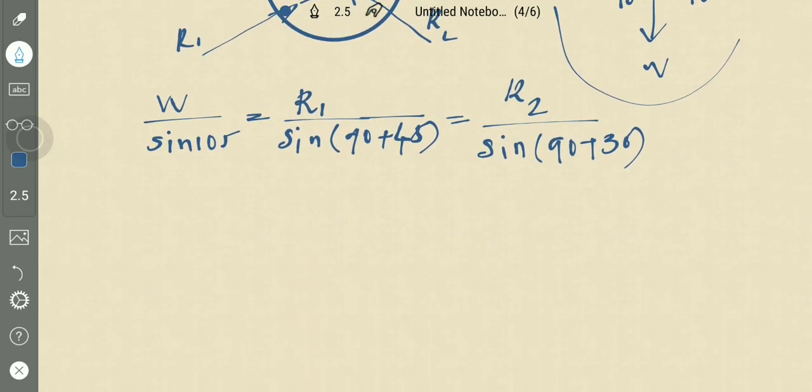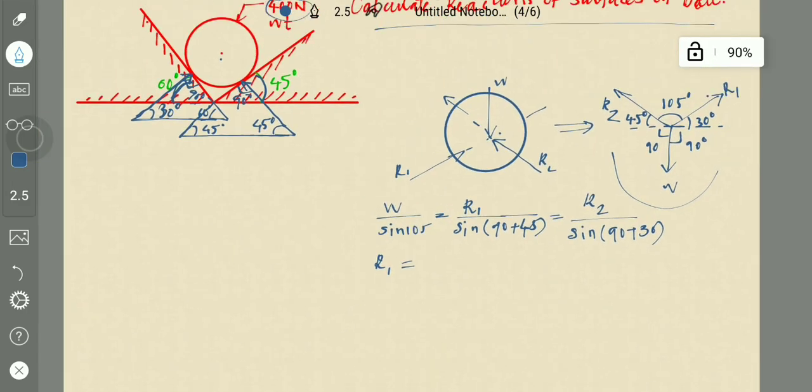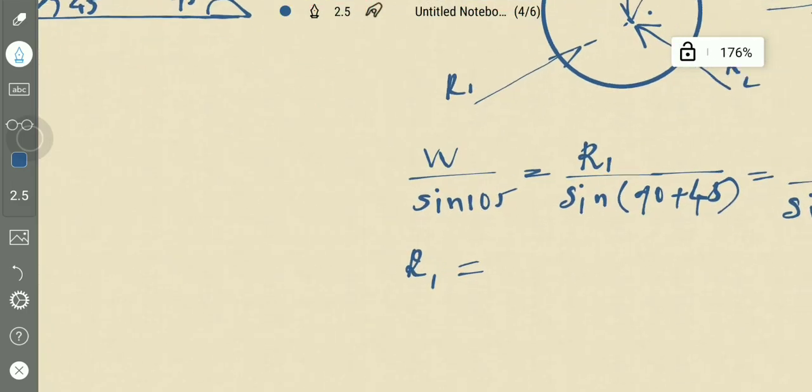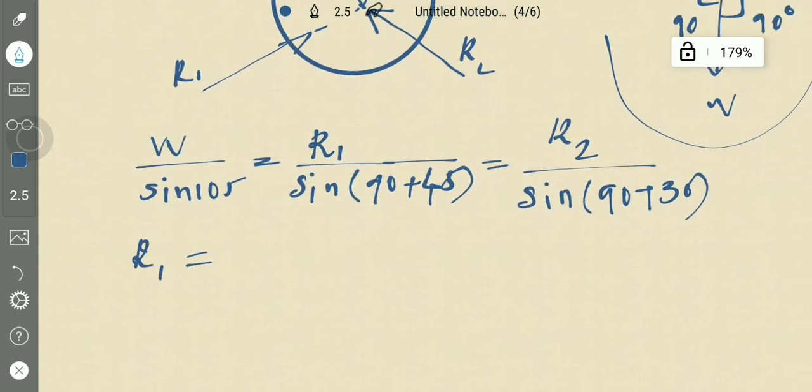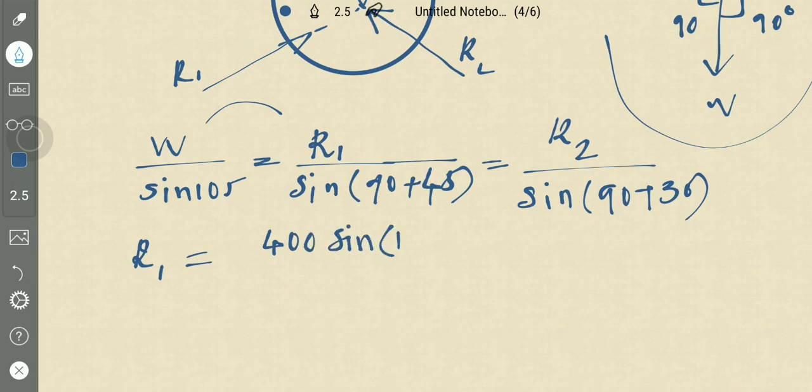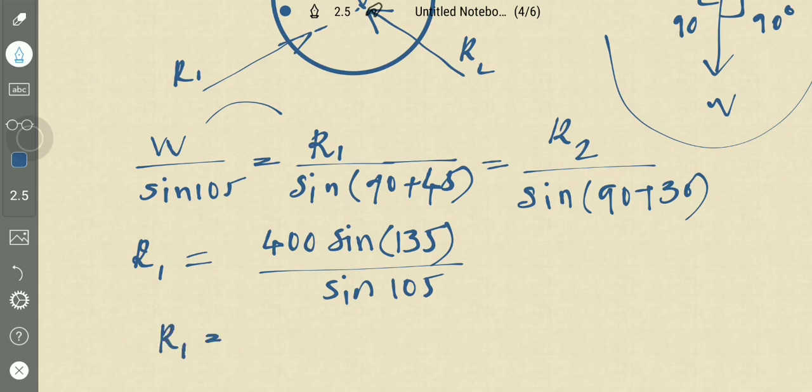So we need to find the reactions, right? R1 is equal to, what is W? Weight of the ball. Weight of the ball is 400 newtons. Considering these two, R1 is 400 into sine 135 divided by sine 105, which gives R1 equal to 292.8 newtons.